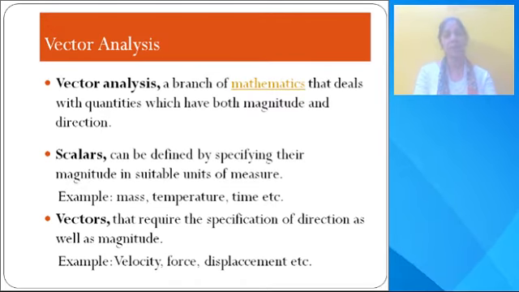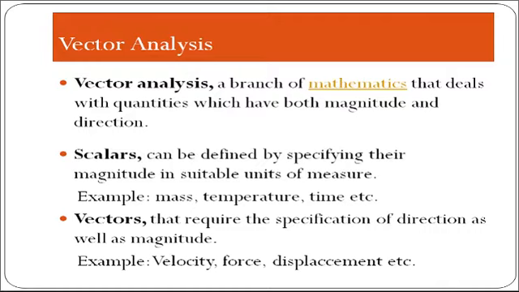But before going to the gradient, divergence and curl, it is first of all important to know about scalars and vectors. All physical quantities can be divided into two parts: first is scalar quantity and second is vector quantity.